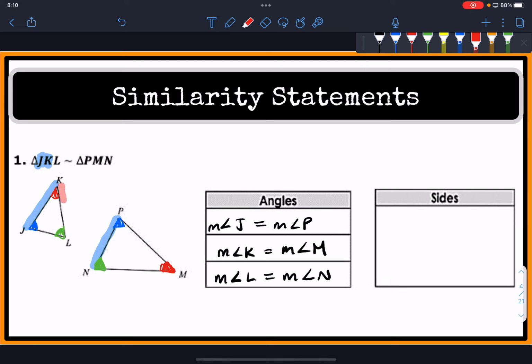And this side here, not angle, but side, this side here from K to L corresponds to the side from M to N. And lastly, this side from J to L corresponds from point M to point L, from that vertex from point.